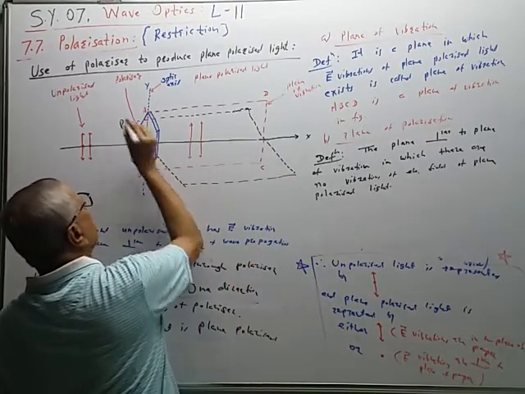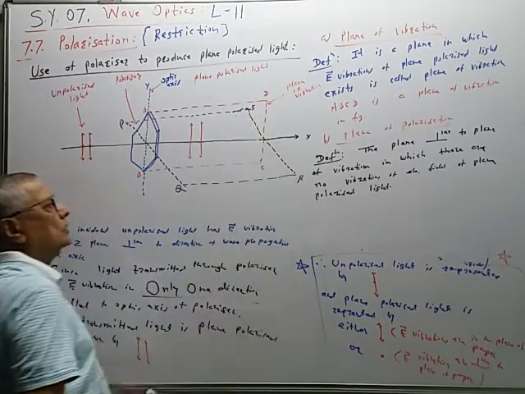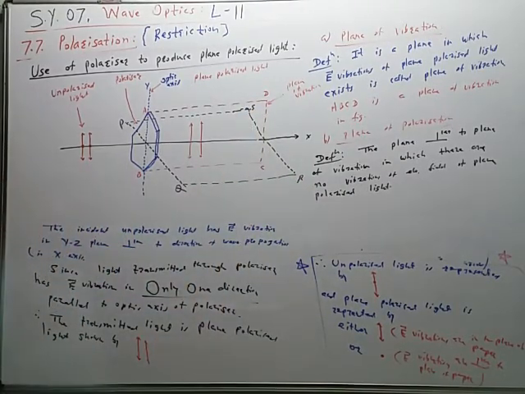So P, Q, R, S. These two planes are perpendicular to each other.